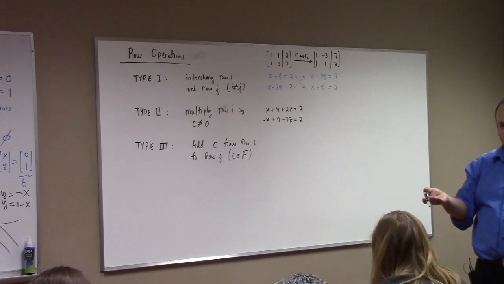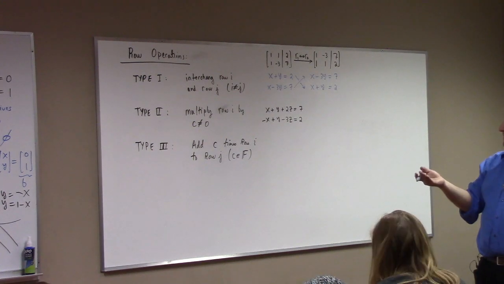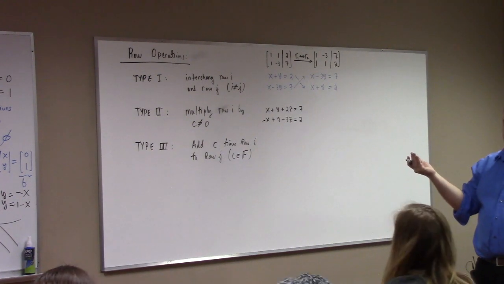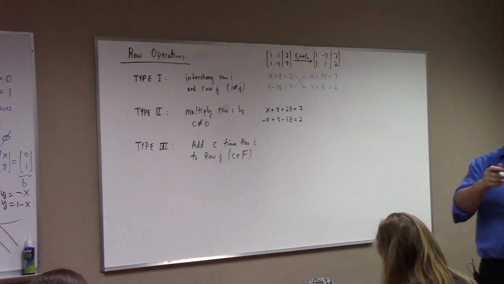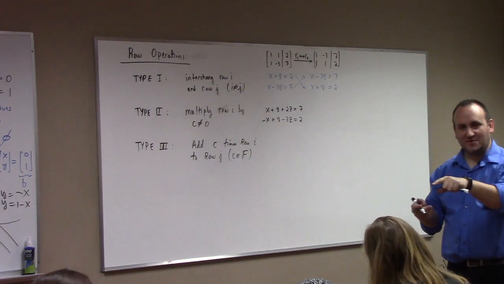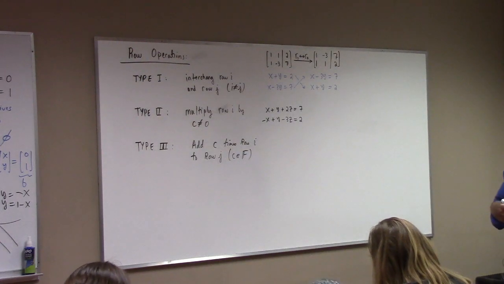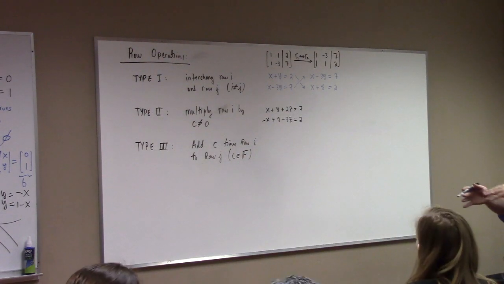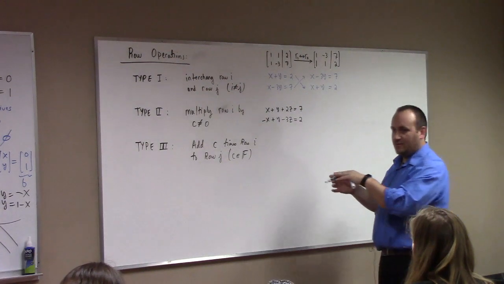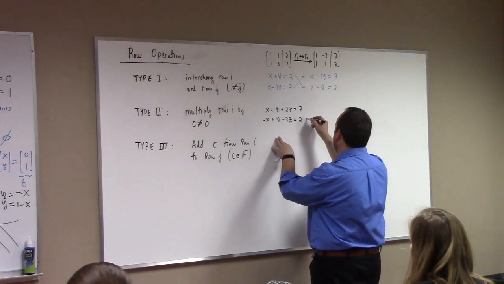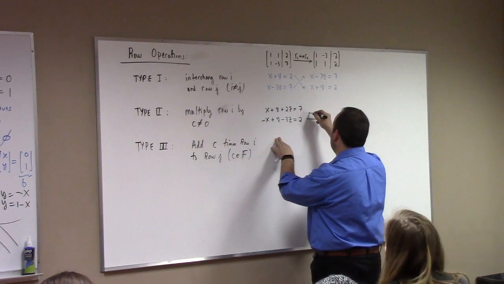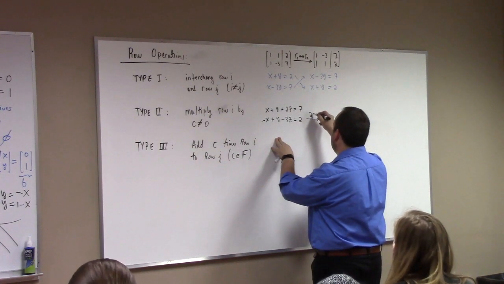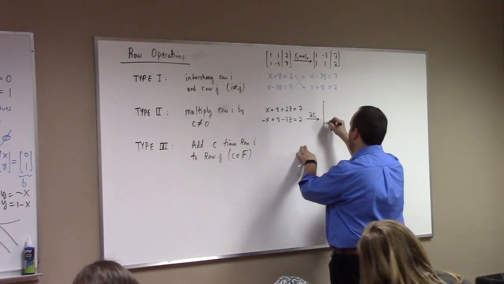I could add them, that's true, but I'm on type 2 right now, so I'm not going to do that. You're right, though. That would be a good thing to do towards actually solving this problem. I totally agree. But what I'm going to do is something stupider, which is I could multiply the second equation by 2.